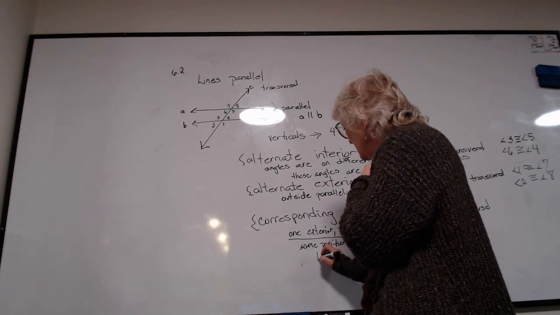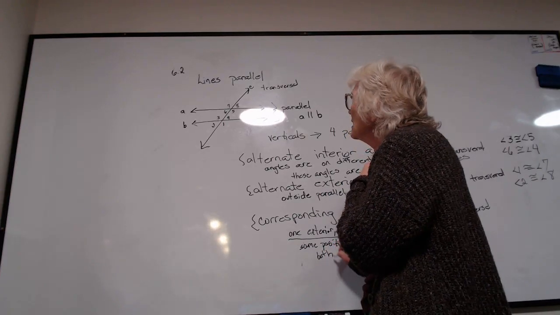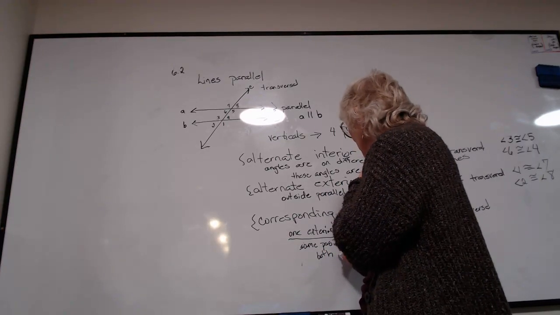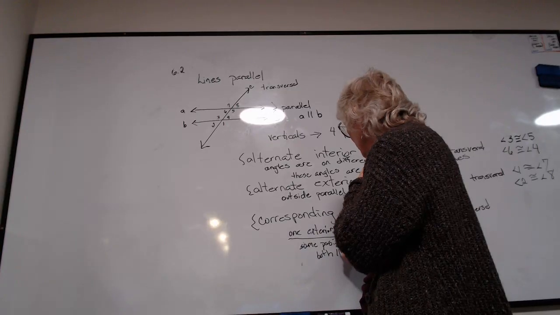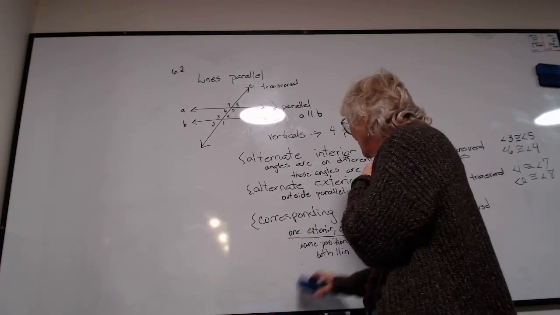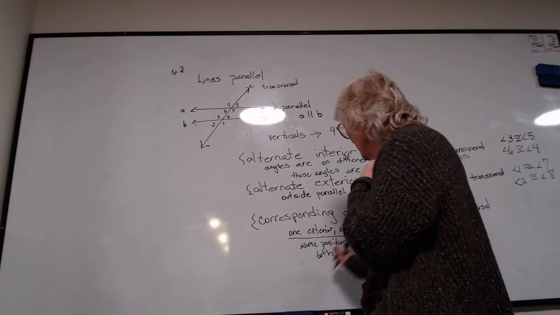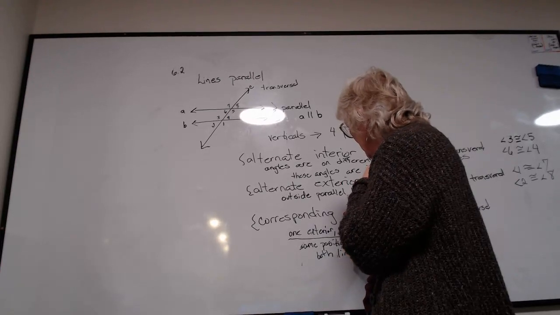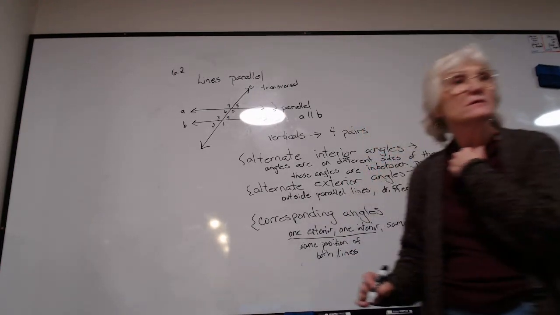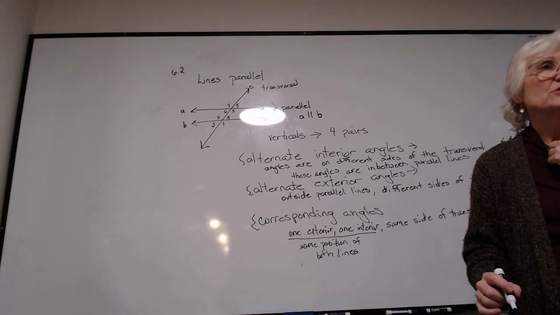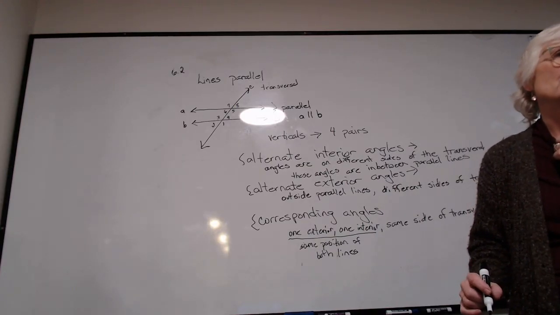So like 1 and 5 or 2 and 6. So it can be corresponding to something else while at the same time being a different type. Yes, it can. We're just showing you all the relationships and what they're called.